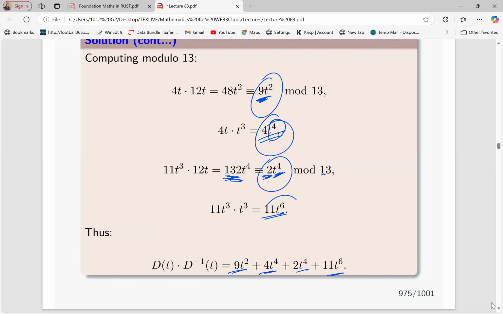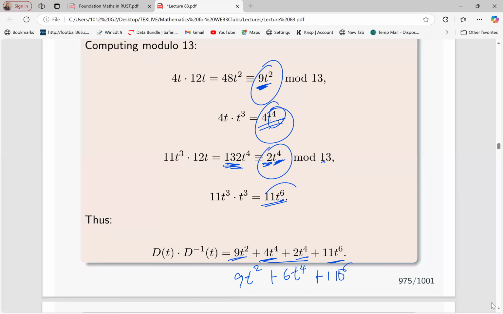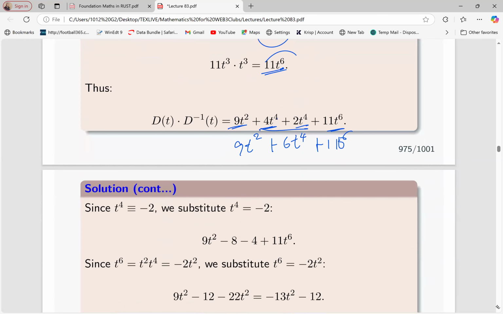Now, our mission is to reduce anything t raised more than 4. Of course, this is 6. Let's just do that. T raised to 2 plus 6 t raised to 4, and plus 11 t raised to 6. Where there is t raised to 4, write -2. I did it separately, then combined.